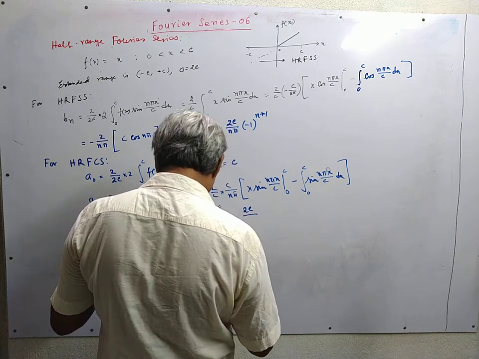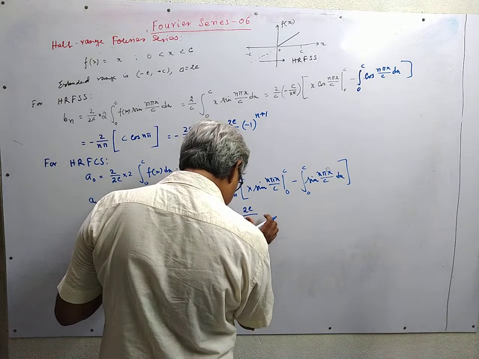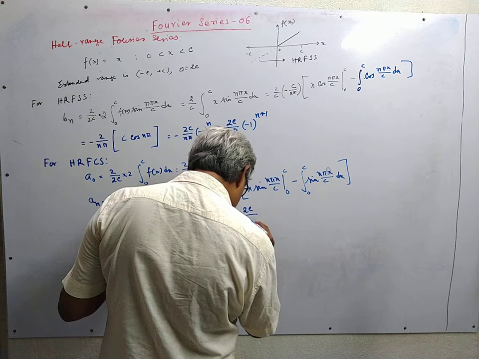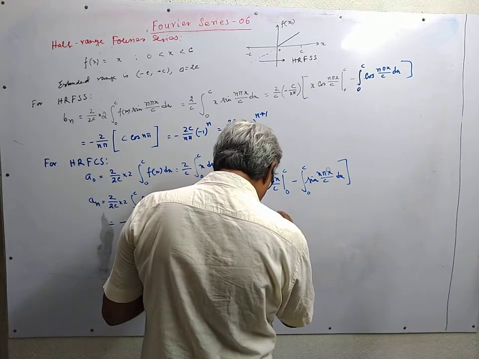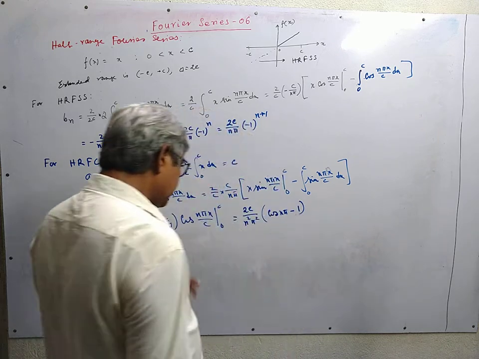2c upon n square pi square, and this is cos of n pi minus cos of 0 is 1.